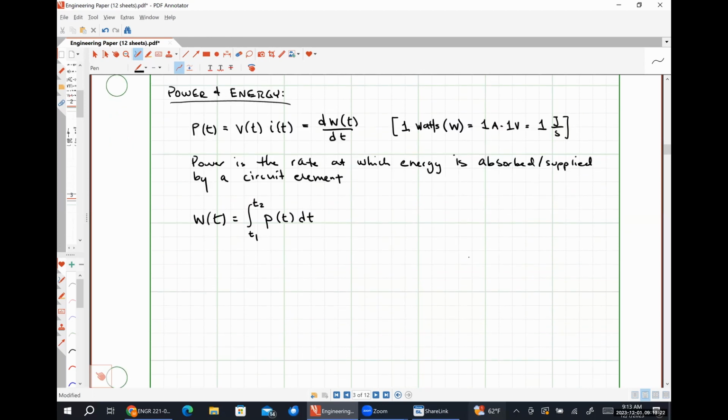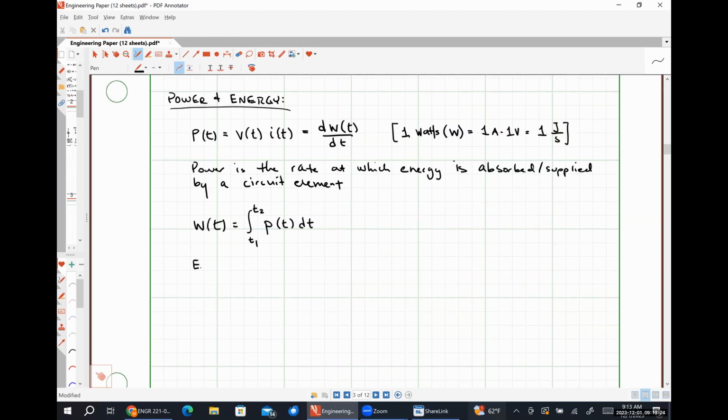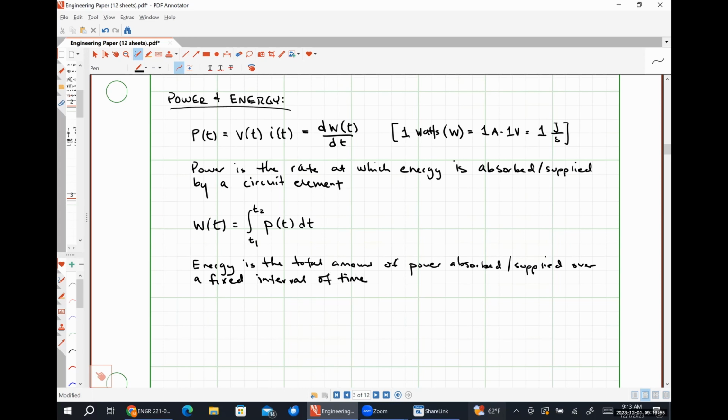So we can say that energy is the total amount of power absorbed or supplied over a fixed interval of time.